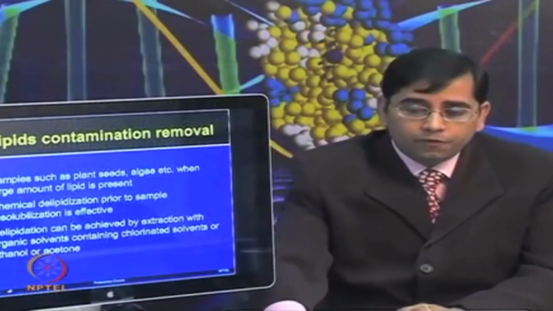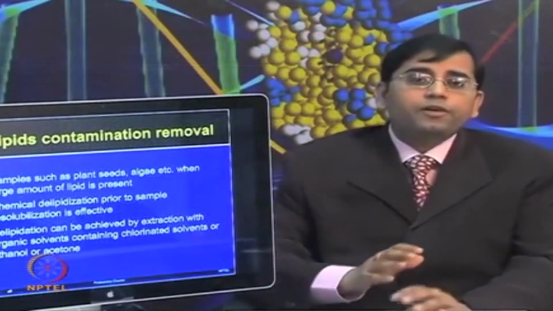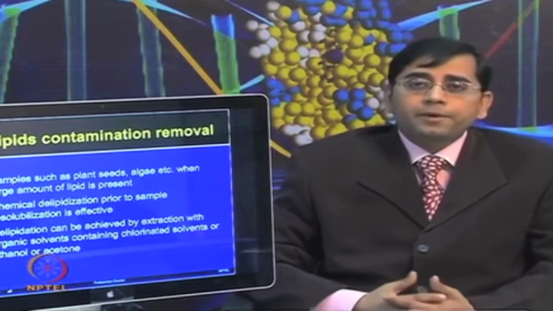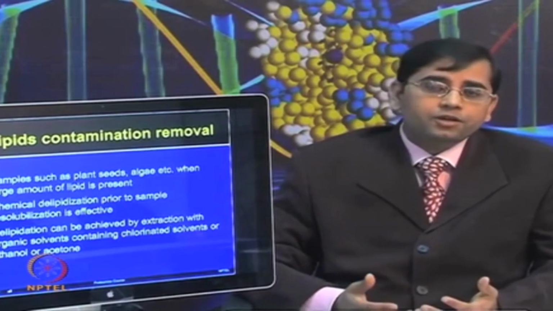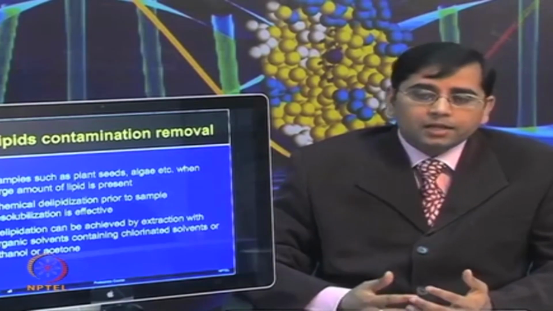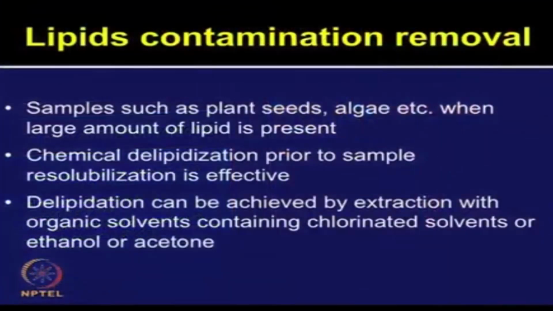But if your samples are very rich in lipid contamination, few samples which are intrinsically rich in lipids such as plant seeds or algae, you need to treat the samples by using chemical delipidization prior to the sample resolubilization.